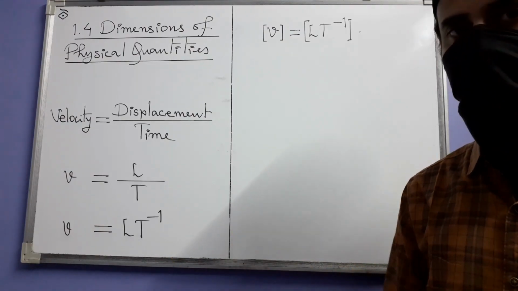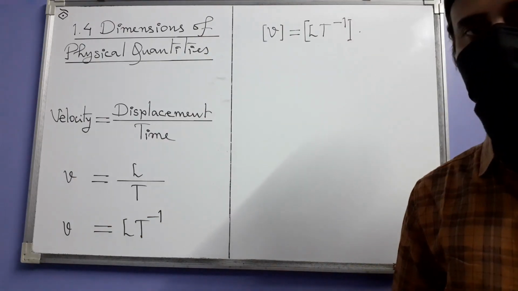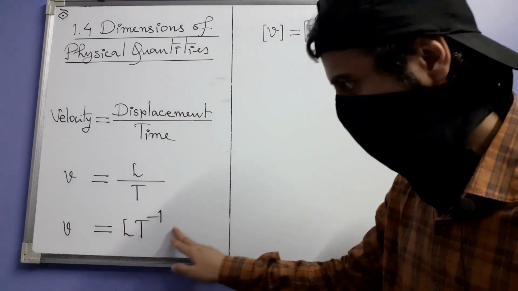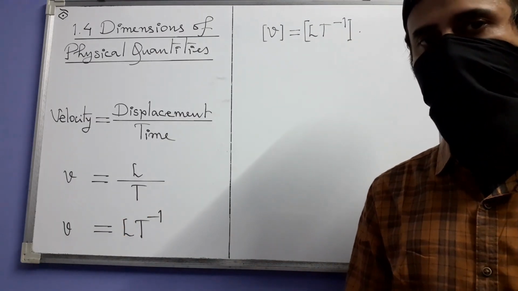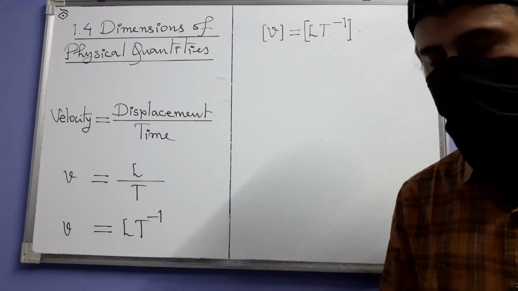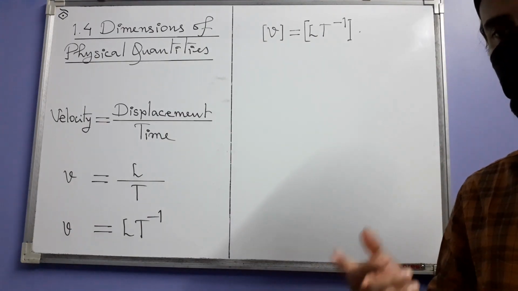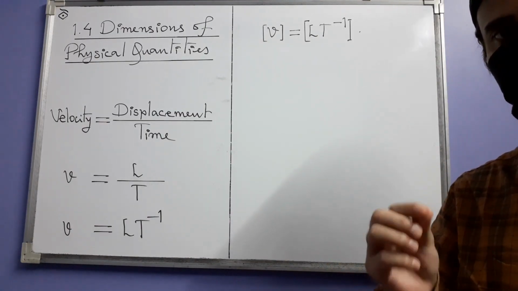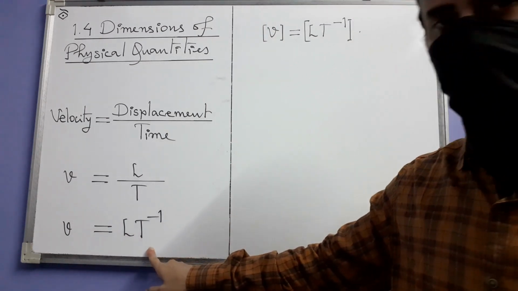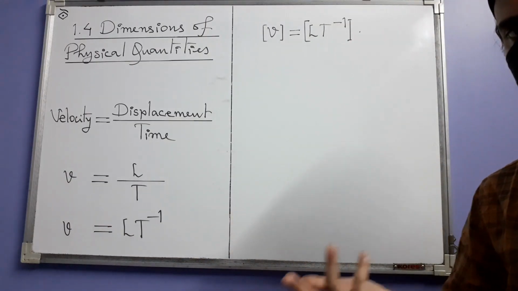It is that relation. So which of course we can also write like this, LT inverse. So this LT inverse is called the dimension of the derived quantity velocity. It tells us how the quantity V is derived from the base quantities length and time. But we do not simply write an equation like this, because one may confuse this as an ordinary equation.